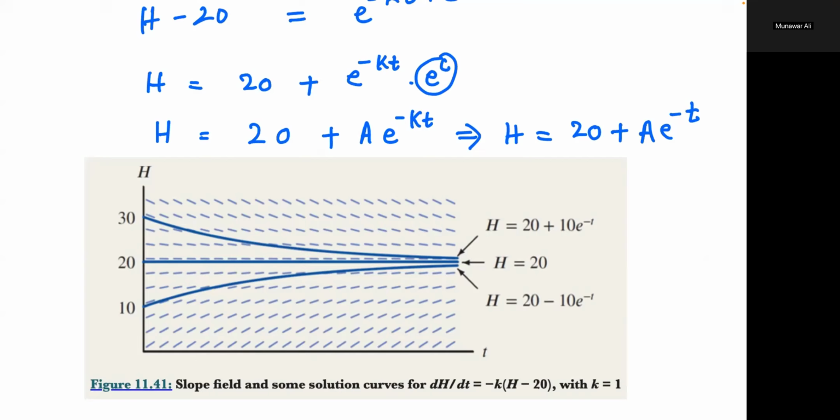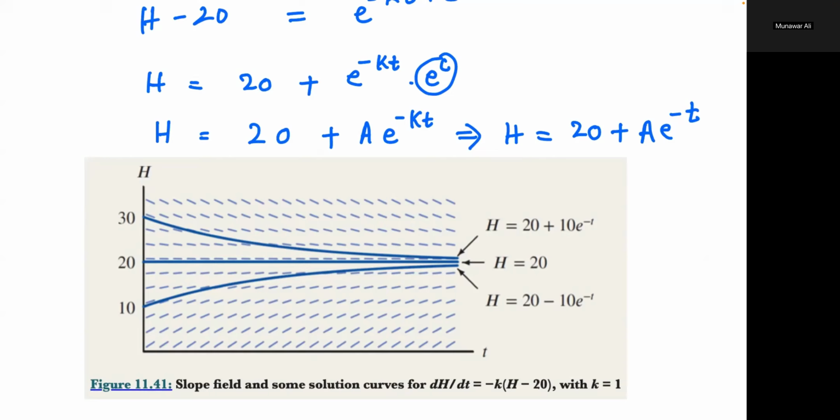Inside the room or inside some medium, the temperature is 20. This is the exact constant temperature you can see. And for example, if you think in Celsius, not Fahrenheit, then the normal room temperature is almost 20, 25 Celsius.